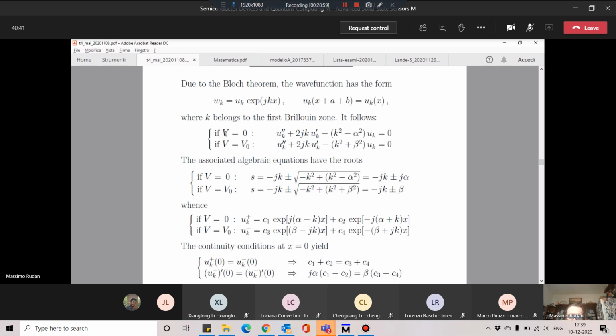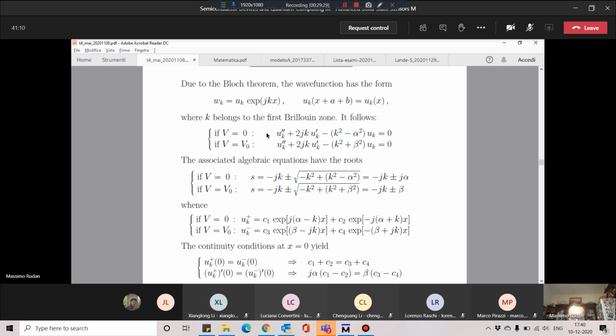In the intervals in which the potential energy is 0, we have second derivative of u plus 2jk u prime minus (k squared minus alpha squared) times u equal to 0. So this is a second order differential equation in one dimension with constant coefficients.